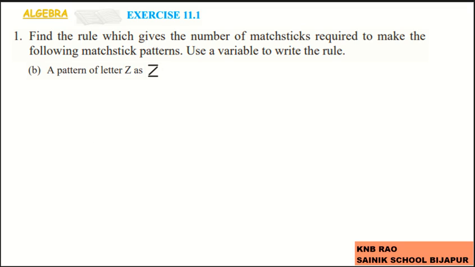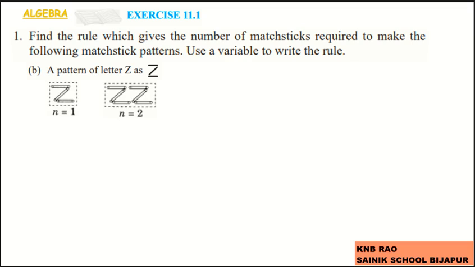Now coming to the question number 1, sub question B, where we are asked to find the number of matchsticks required to form the matchstick pattern as a letter Z. So to form one letter Z, we need 3 matchsticks.